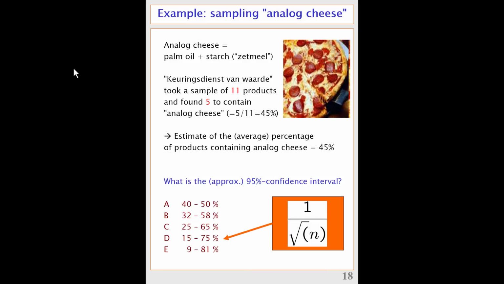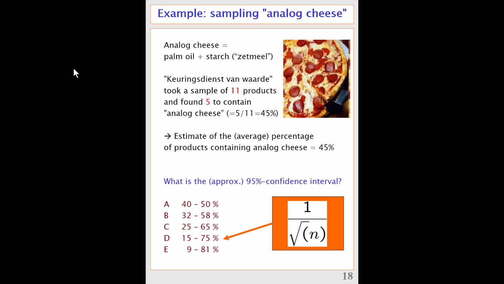The answer actually is 50 to 75%. So with 11 cases, 11 things sampled at random from the supermarket, you end up in D. And the way to get there is, if you look at something where the thing you're interested in is a proportion, then if you want to know how far to the left and how far to the right you should look, for an interval like this, then you can think about the 1 over square root n rule.